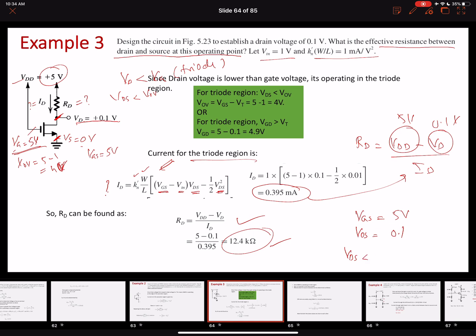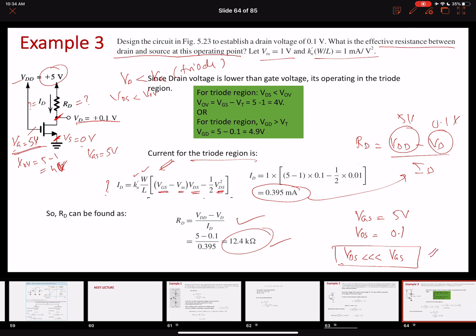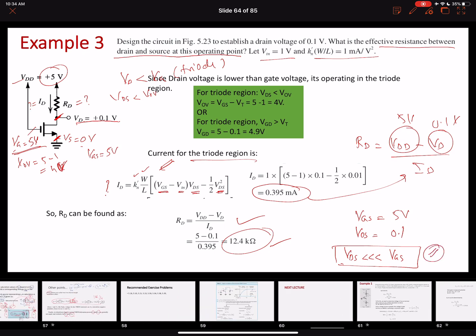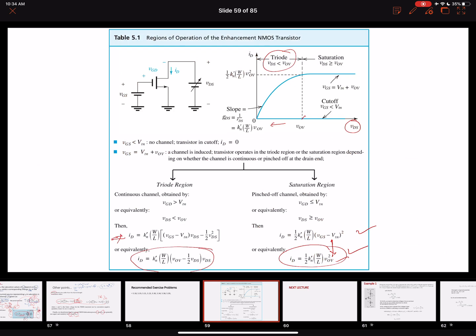Our VDS is much smaller than the VGS. We saw that when the drain to source voltage is very small compared to the overdrive voltage, we are looking at this region, and in this region our channel behaves as a linear resistance. The conductance of the channel is given by Kn dash W over L VOV.